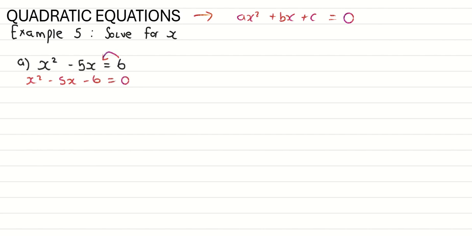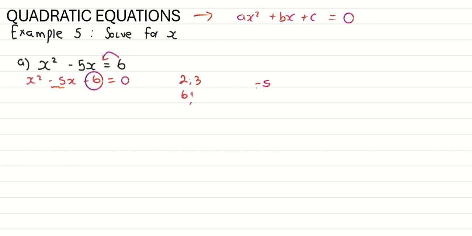Now at this point, as you can see, the square rooting option isn't an option for us here, so we have to factorize. Okay, so we go ahead and we write out our factors of 6. We have 2 and 3, we have 6 and 1, and those factors need to work together to give us a value of minus 5 over here. Okay, and when multiplied, we need to get a value of minus 6.